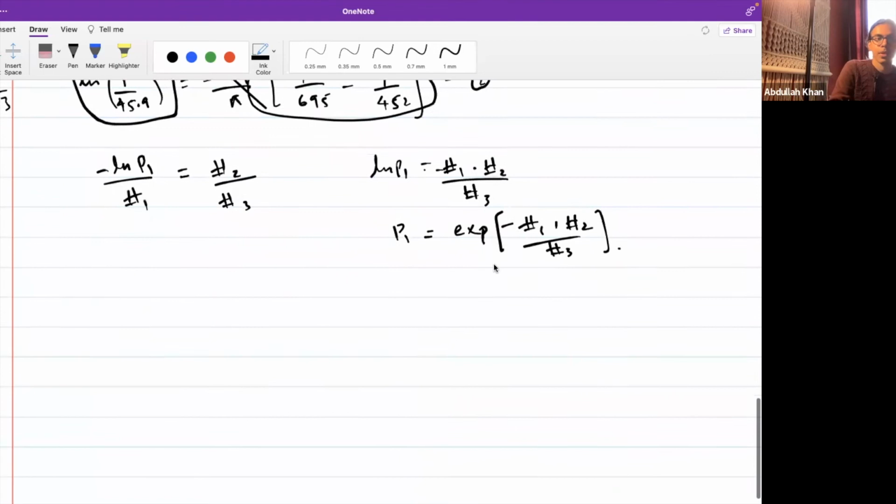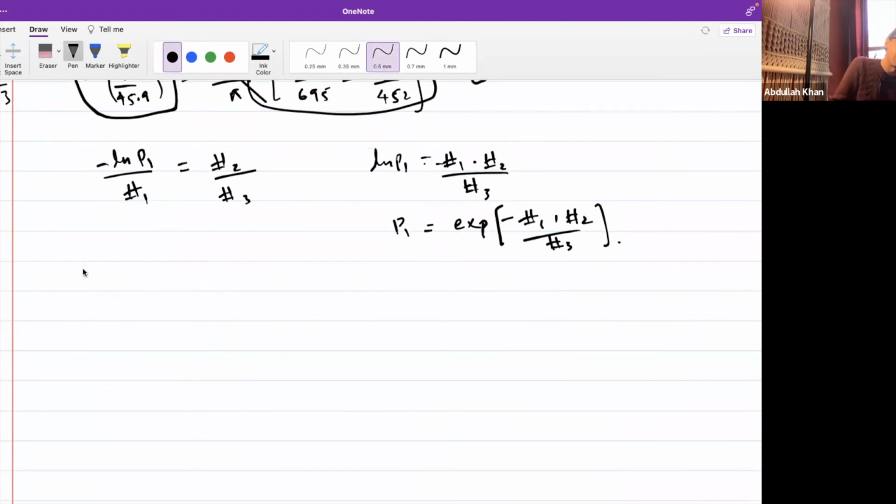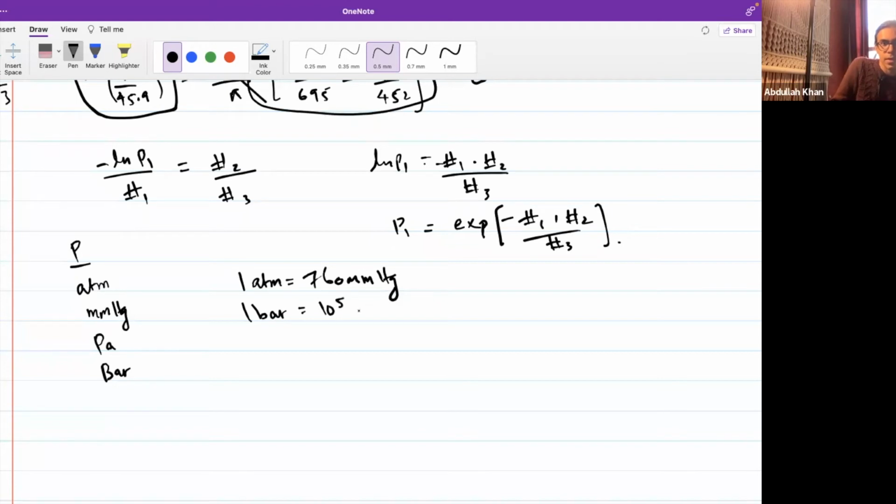Awesome. So the units of pressure that you need to know are ATM, millimeters of mercury, pascals, and perhaps bar. 1 ATM is 760 millimeters of mercury. 1 bar is just 10 to the 5 pascals. 1 ATM is 1 point, what is it?